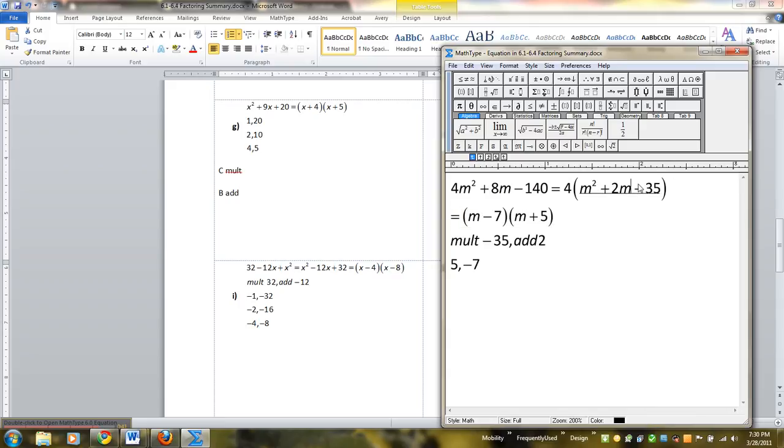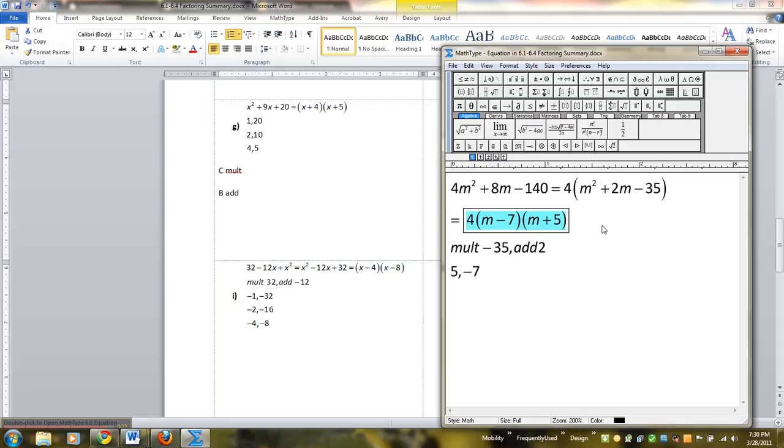Same problem as before, but just with a 4 out in front. So if it had been like this, you would have had to take the 4 out because 4 goes into all those numbers. Then you'd put the 4 in front right there, and this would be your answer right here.